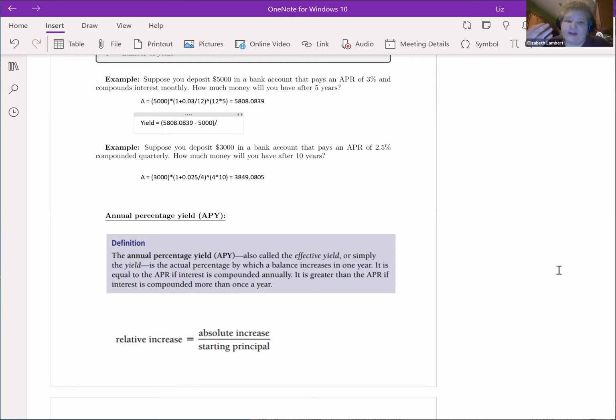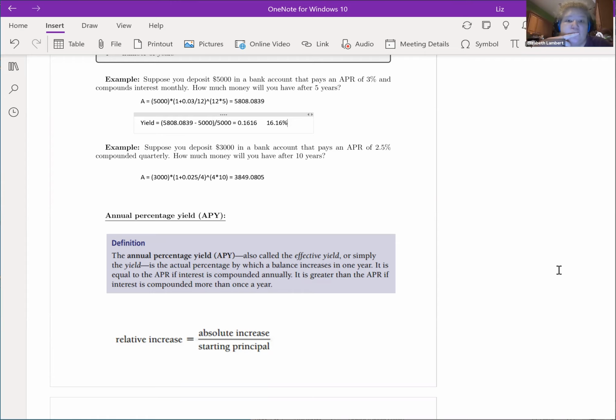And then we're going to have that as a fraction over my starting value of 5,000. So that is 0.1616. If I multiply by 100, my effective yield is actually 16.16%. That is basically the APR rate I would need in a compounded annually account to get the same impact as what we had here.